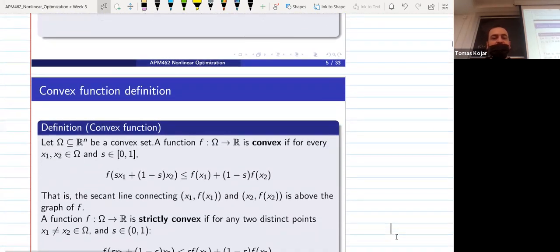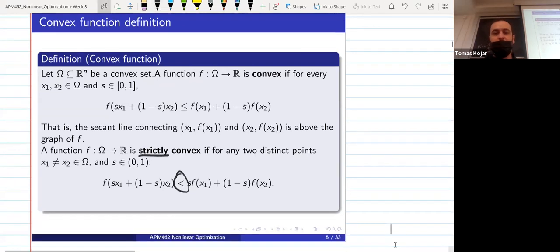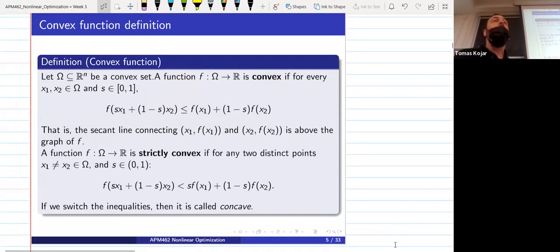If you see strict inequality over here, we call it strictly convex. And that will be like strict global minimum later on. So all this stuff is connected. Okay, good. And if you flip the inequalities, we call them concave, so concave function and strictly concave function.